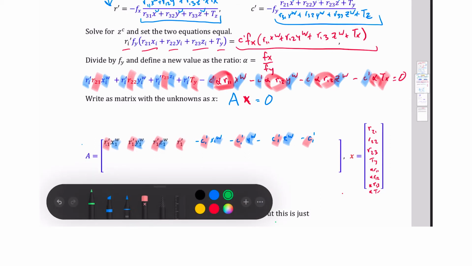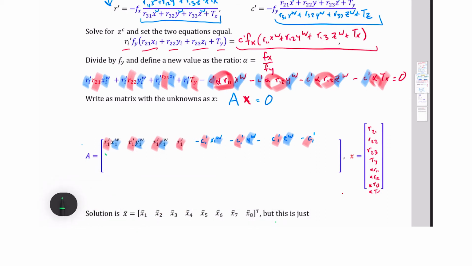Then I just need to build my next row, which is my second coordinate I click on: R2 prime, R2 prime, R2 prime, R2 prime, and then minus C2 prime, minus C2 prime, minus C2 prime, minus C2 prime.